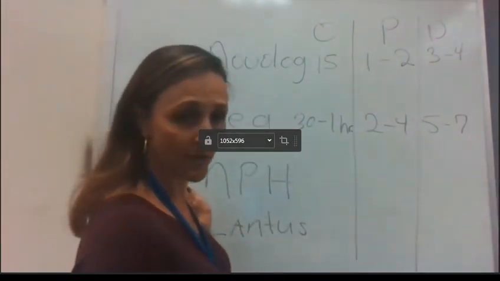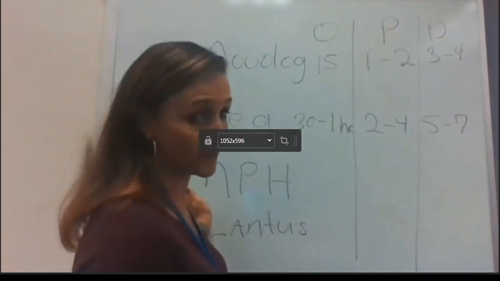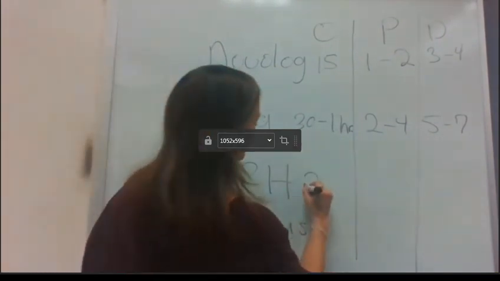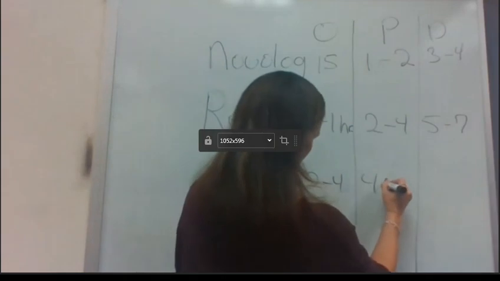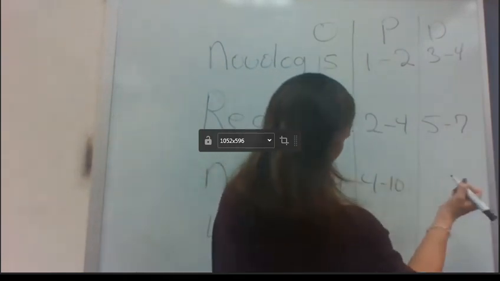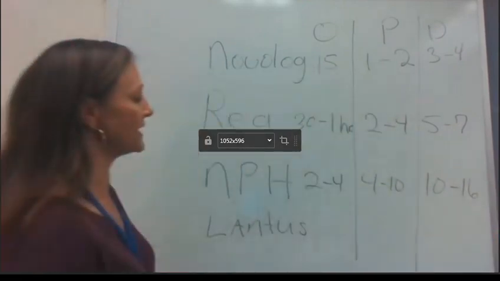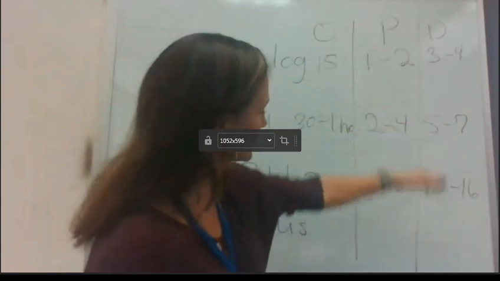Now, we have Brian. He thinks he's Novolog. He's not Novolog. He's not even regular. But I will say he's NPH. So NPH: onset, 2 to 4 hours. Peak, 4 to 10 hours. And then duration is 10 to 16. So once again, I'm at the party first and I leave first.